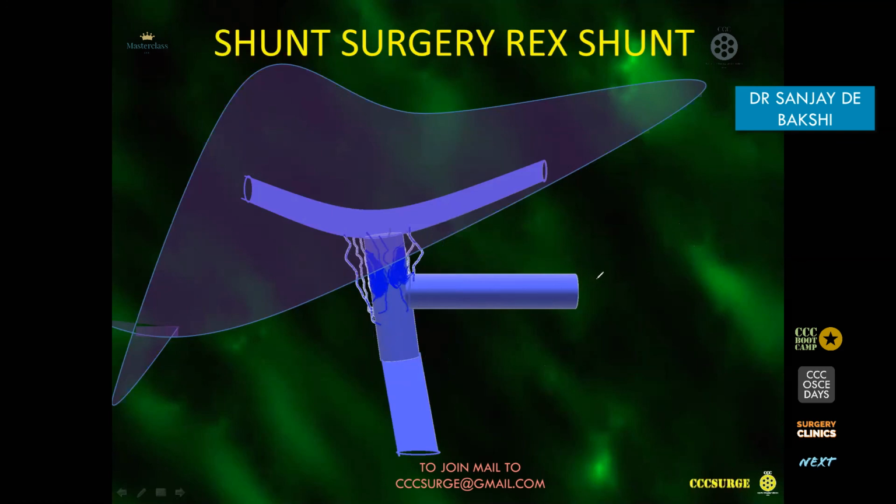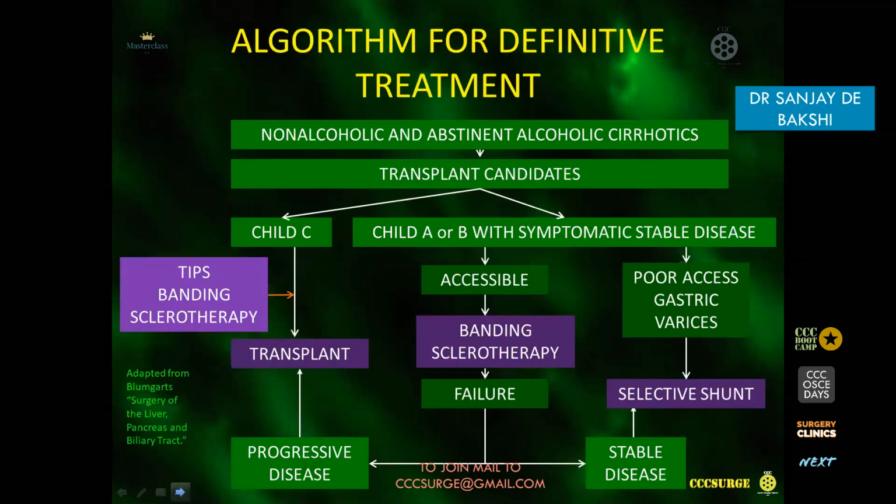Now, it's all a bit confusing. I want you to take a screenshot of my next two slides, because that is the synopsis of what we've been doing all this time. So, the treatment. This is the algorithm for definitive treatment. Suppose you have a non-alcoholic or an abstinent alcoholic cirrhotic.